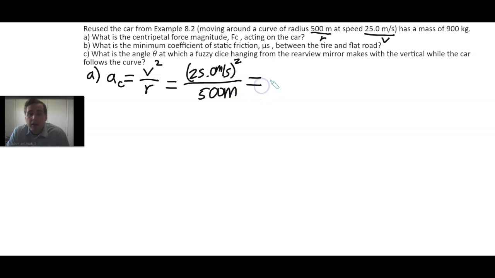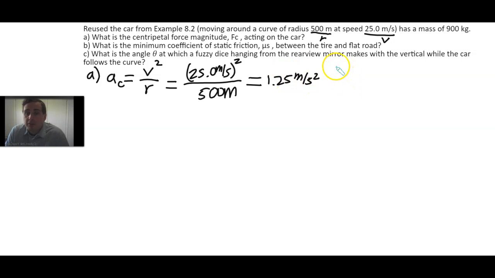When you calculate that, you get 1.25 meters per second squared. That's in a previous video. I'm not going to put a box around that because that's not exactly what we're looking for in this problem.